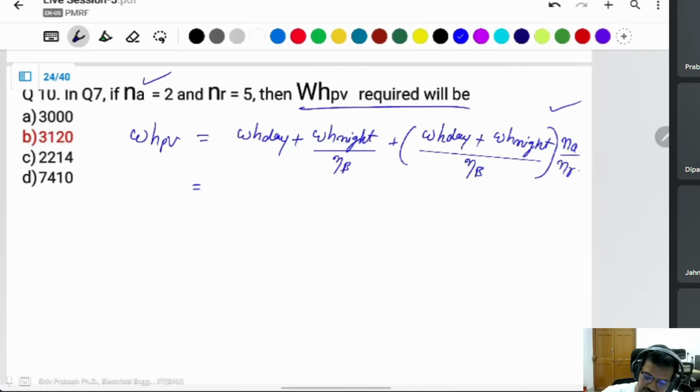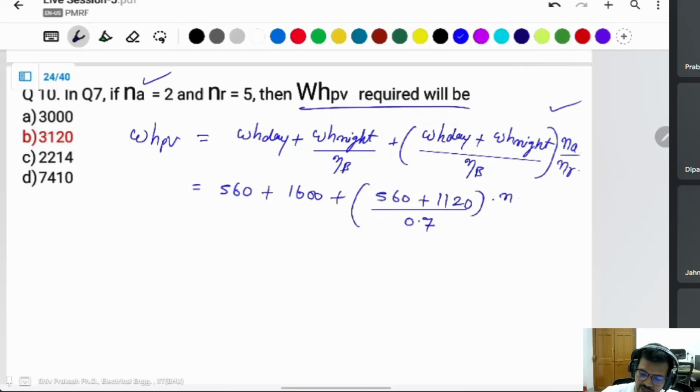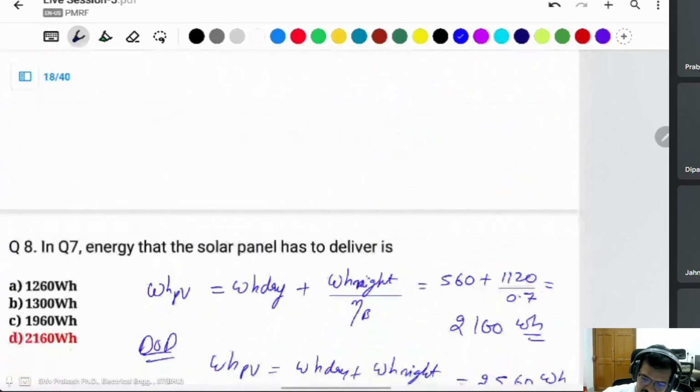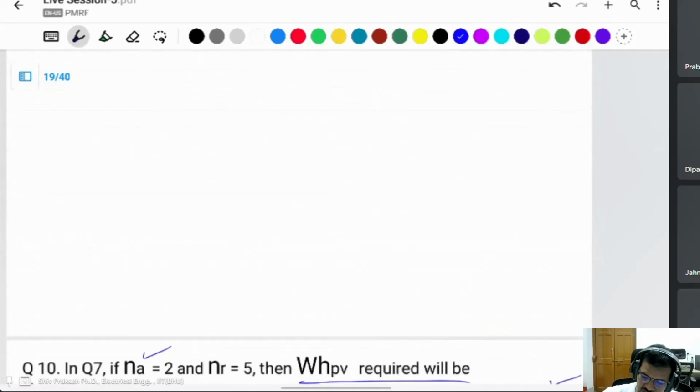Day is given 560. This will be 1600 if efficiency is taken. 560, this will be 1120, divided by the efficiency 70%. This will be Na, Na is given as 2. Nr is given as 5. Night time is 1120 only.